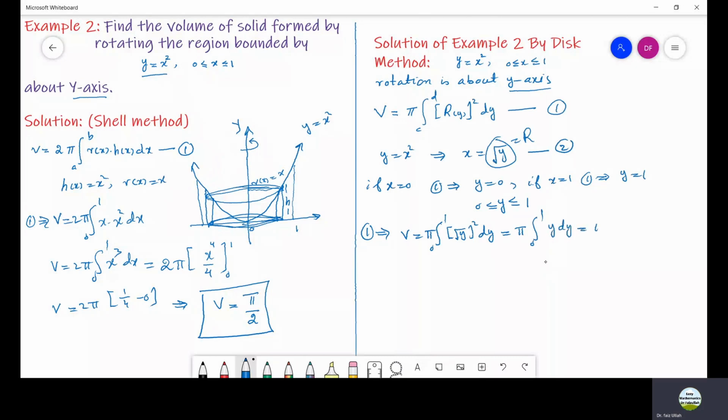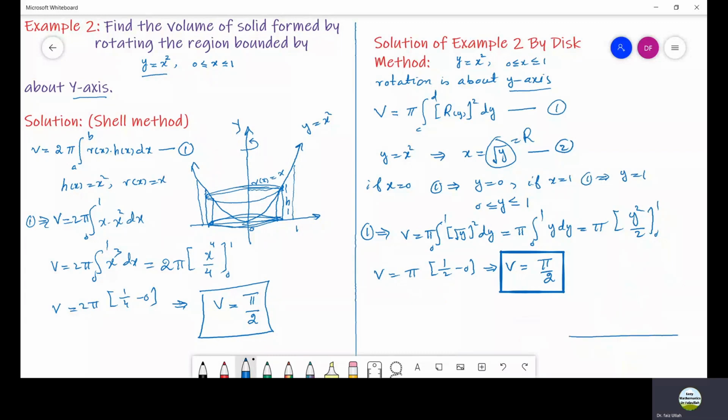If we integrate, we have y²/2, limits from 0 to 1. Let us put the limits. We have 1² is 1, so 1/2 minus 0, and from this we get V = π/2. So we have the same solution which we obtained by the shell method.